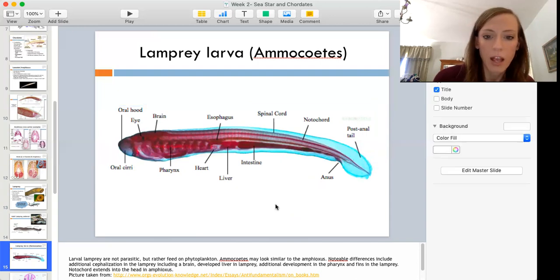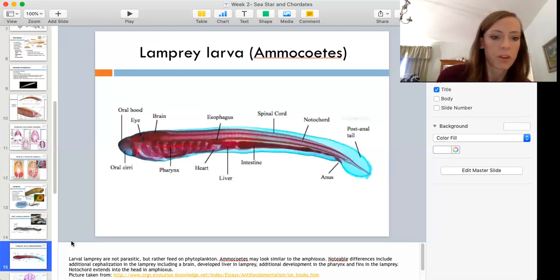Okay. And then I did not mention the heart, which is present just caudal to the pharynx, or the liver, which is just caudal to the heart. So you can kind of see this heart has a couple little rings, little circular structures to it, and then the liver is more linear.